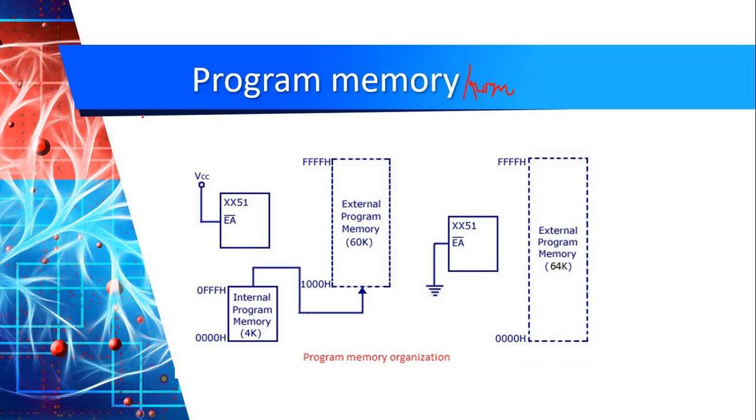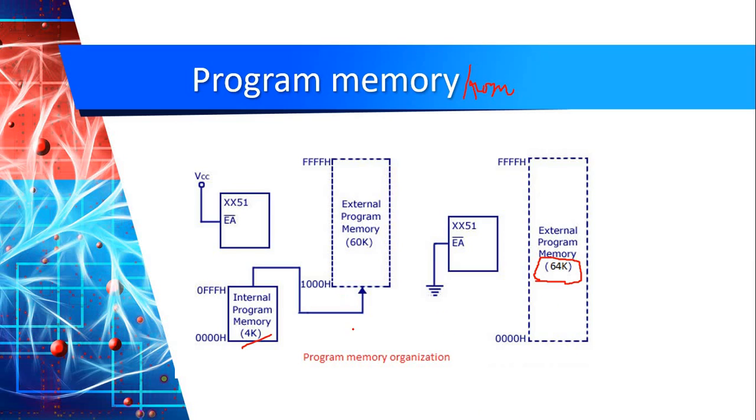How much space does it have internally? It has 4 KB of ROM. In an 8051 IC, we can connect both RAM and ROM externally up to a space of 64 KB. Externally I can connect a maximum of 64 KB for both program and data memory.